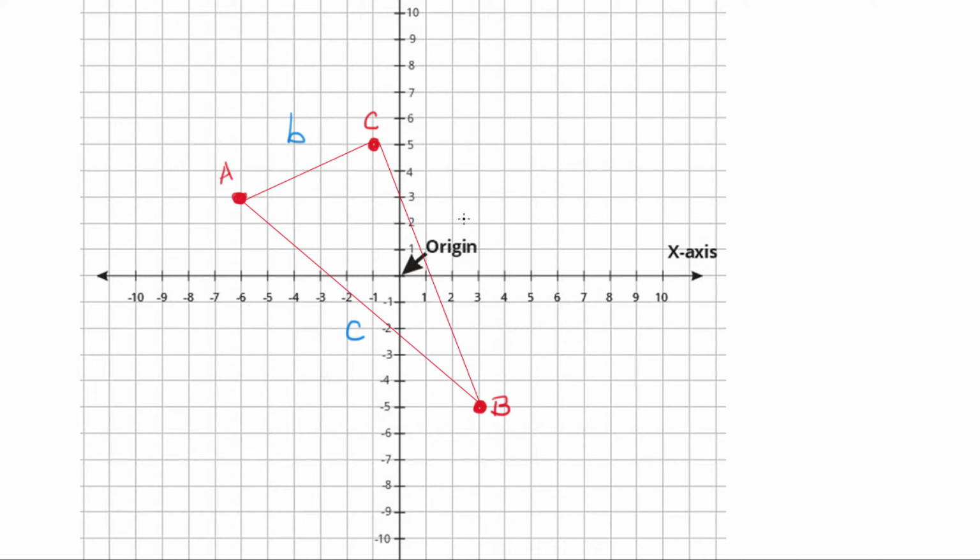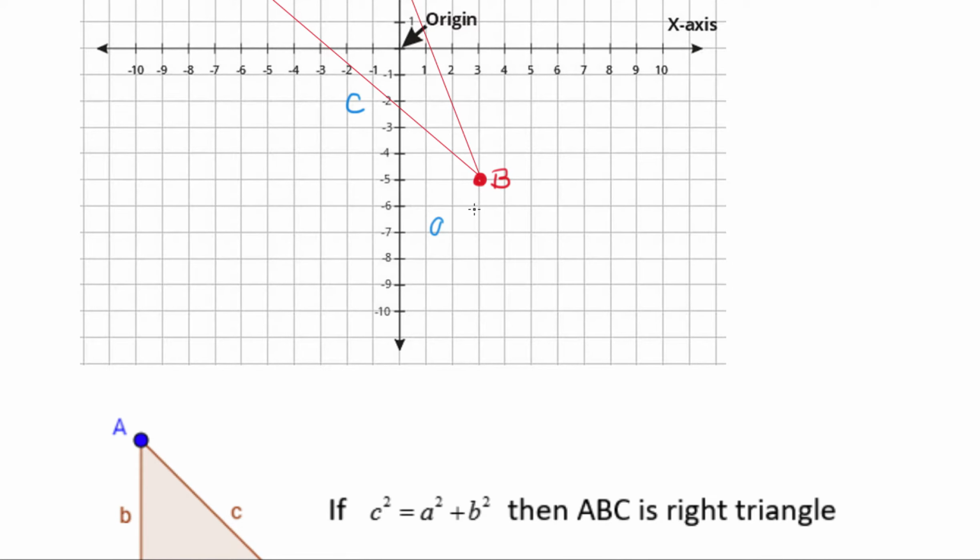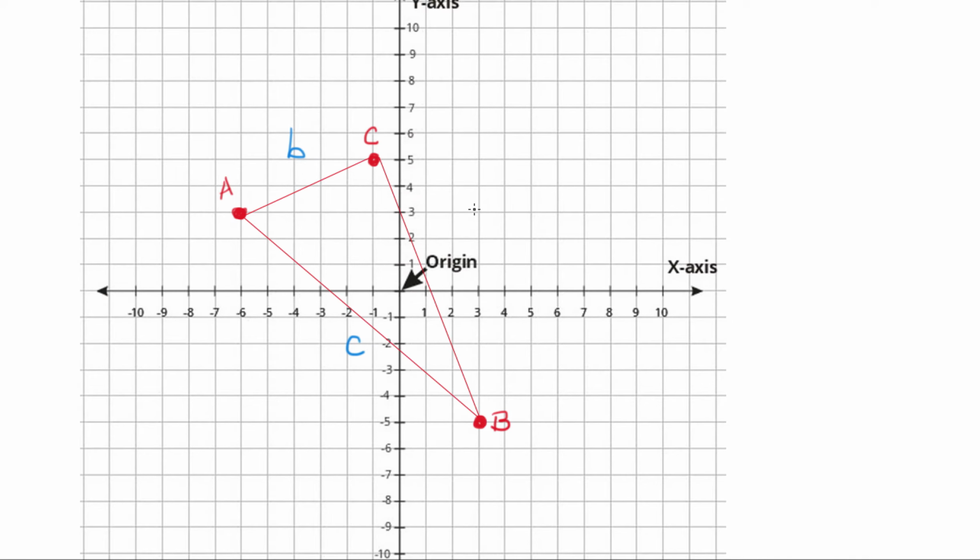And then BC is going to be your lowercase a. And now we need to find the distance. And that's why we have to learn the distance formula, to find the distance of each of them and then apply it to the equation.